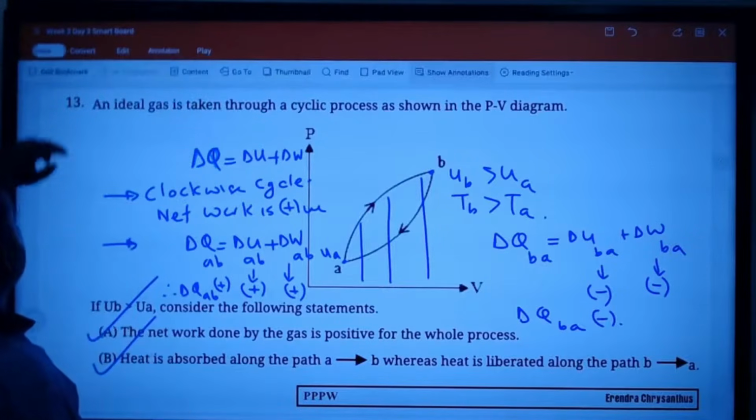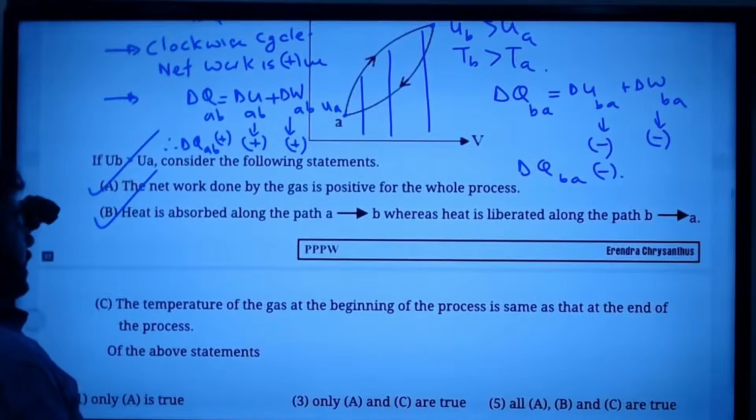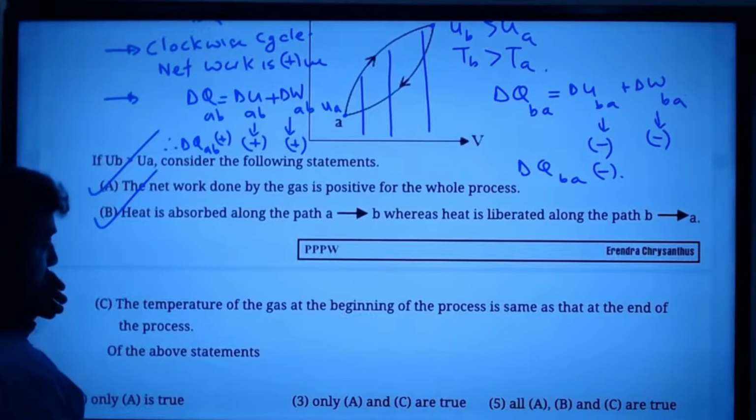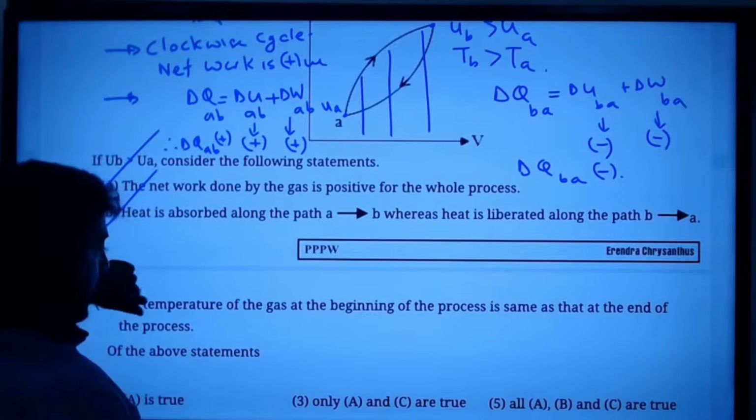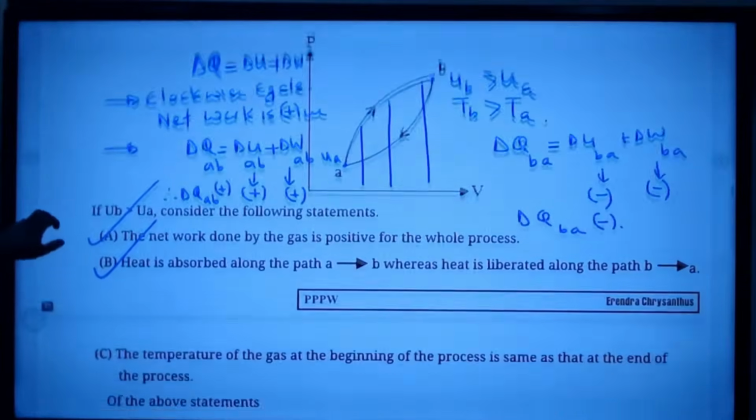Now look. Third statement: the temperature of the gas at the beginning is the same as at the end. What can you say? Beginning and end both are the same.